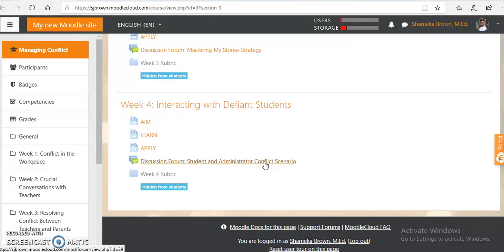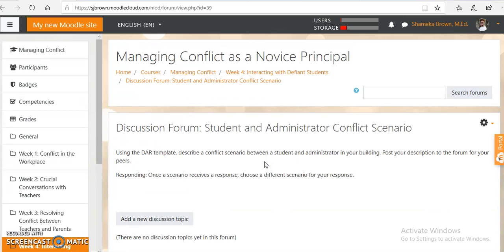In week 4, interacting with defiant students. Very much the same. However, this discussion forum task will actually ask them to only describe the conflict scenario between a student and administrator in their building, and then post that, and their peers will actually respond by completing the analyze and reflect portions of the DAR template.